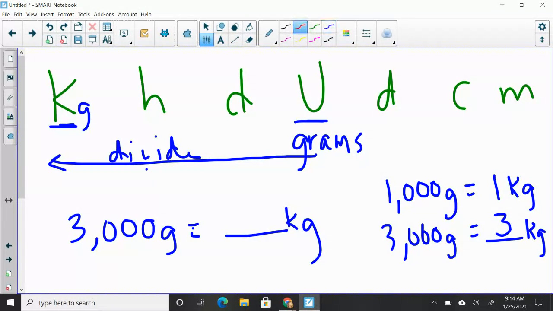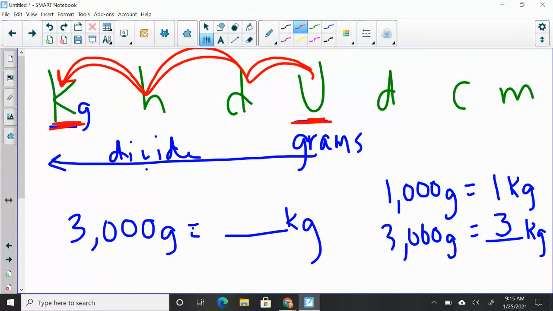Okay, and on this chart, if I'm going from grams to kilograms, I am dividing by 10, by 100, by 1,000. Or in other words, my decimal point is moving 1, 2, 3 places to the left. Okay, so in the number 3,000, if I had a decimal point, it would be right here. Okay, and it would go 1, 2, 3 places to the left, and therefore I would just have 3 kilograms.